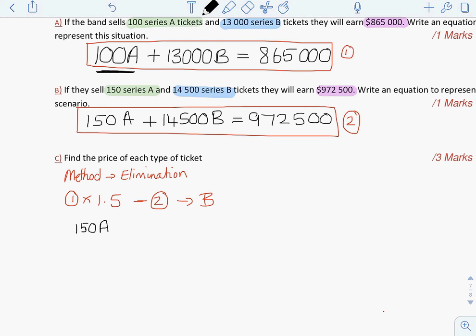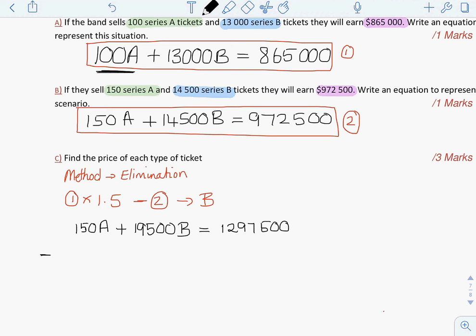I'm going to add this to 13,000 times 1.5, which is 19,500 lots of b. This is equal to 865,000 times 1.5, which will give us 1,297,500. That is equation 1 times 1.5.